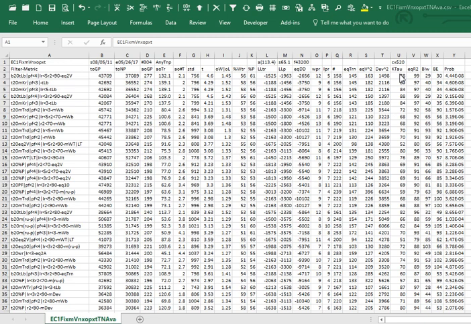If a curve is very smooth, no matter whether it's a straight line or moving up or moving down, if it moves down, that would be close to zero. But if it's moving up in a smooth manner, then k tau will be high. Of course, equity r squared is the correlation coefficient of a straight line fit to the equity curve. In this case, it's pretty high.